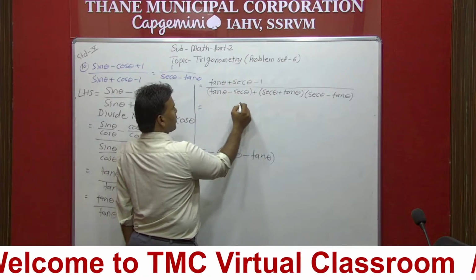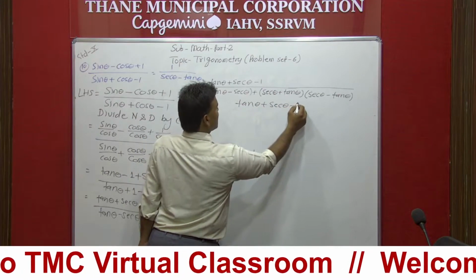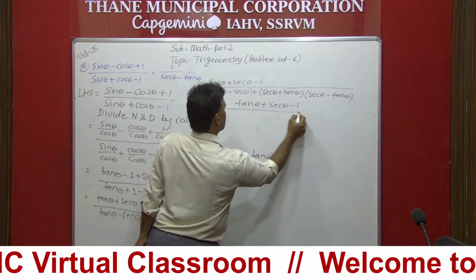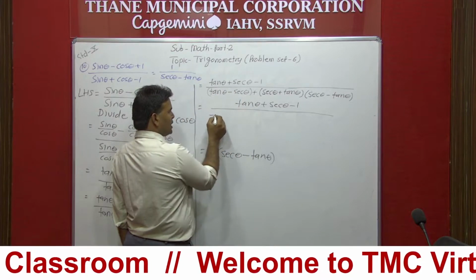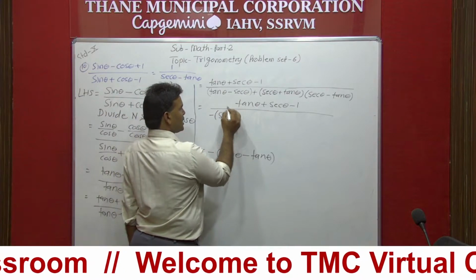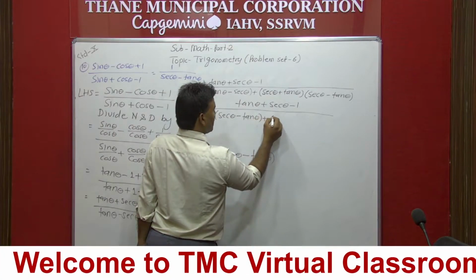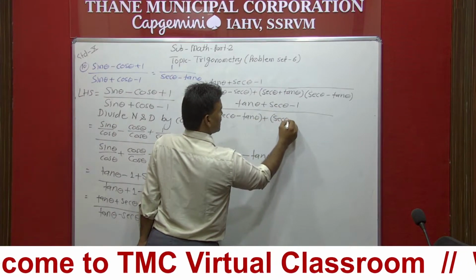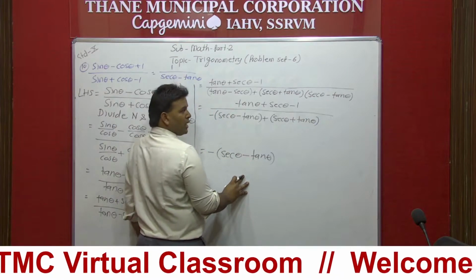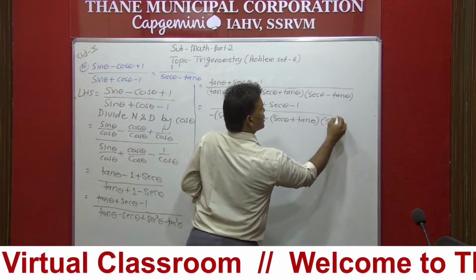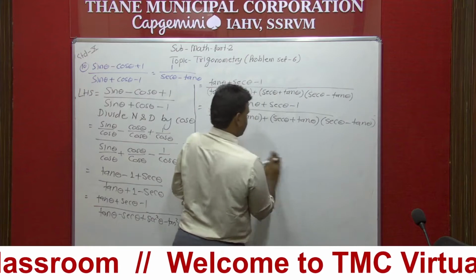In the next step, tan theta plus sec theta minus 1 upon, now see, instead of this I'm going to write down this minus (sec theta minus tan theta) plus second bracket is sec theta plus tan theta, then we will write down this one, sec theta minus tan theta.